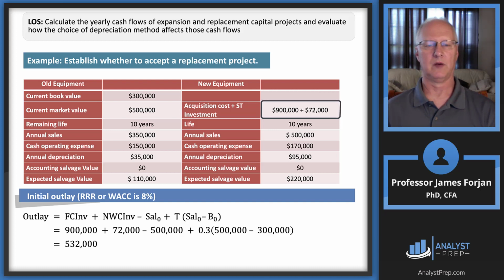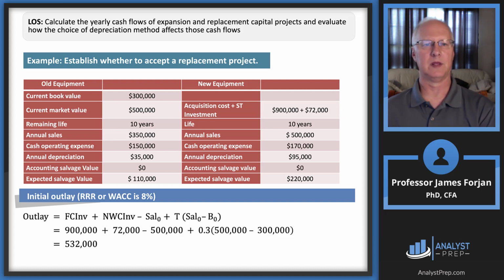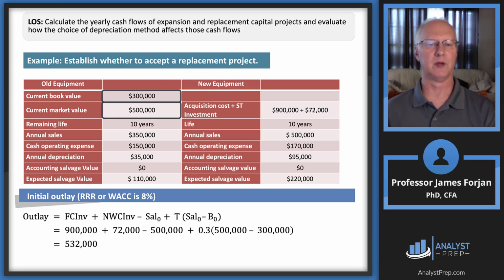What are we doing? We're going to take out the current market value of the old equipment. So look at the 500,000 there. So we're going to sell it for 500, and then we need to pay taxes on the difference between its accumulated depreciation and the current book value. So there's the 500 minus the 300. So that gives us an initial outlay of 532.